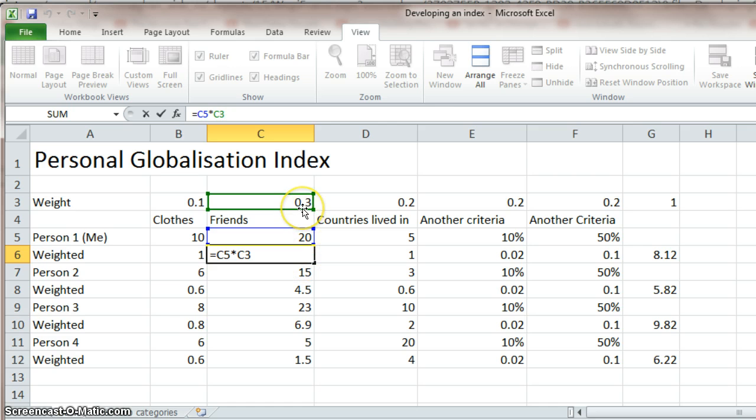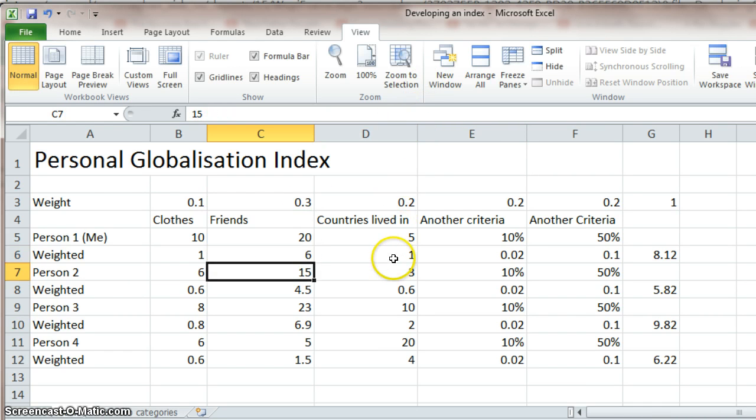So 20 times 0.3. And again, just so you can see exactly the same, we did 5 times by 0.2. And then over here we just added all of these criteria together, these weighted sums, to get a final index of 8.12. So once you've worked out those indexes, we can make a graph out of these aspects.